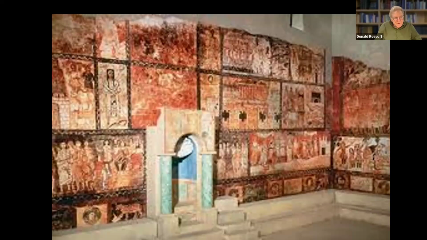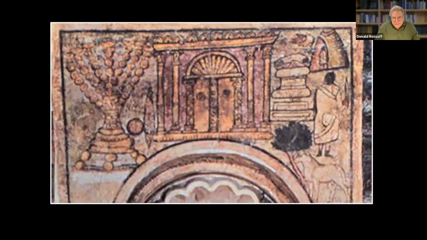What you'll see is various scenes. I know they're kind of fuzzy. We're going to zoom in, but what you see is a lot of different scenes from the Bible. And above the Torah ark, or the ark niche, is this depiction. So you have, and we'll get a little better close up, three things going on. On the right, you have the Akedah. And in the middle is the temple, which, if you think about it, was destroyed only like 170 years before that.